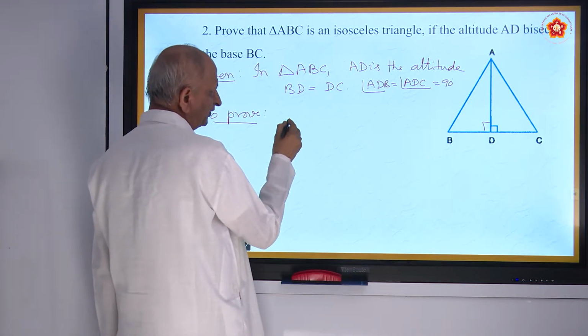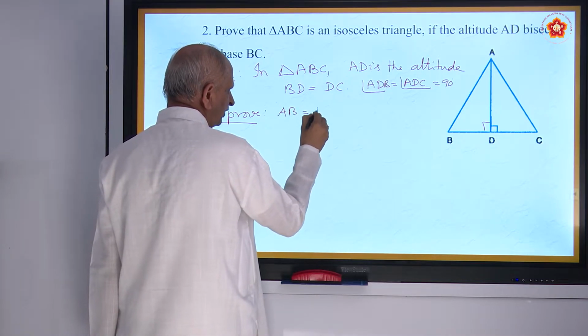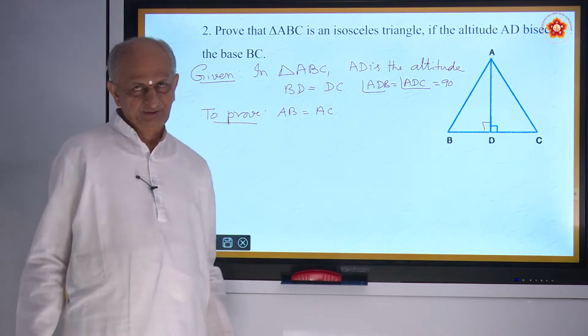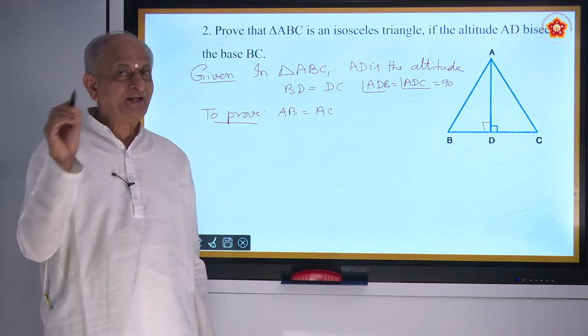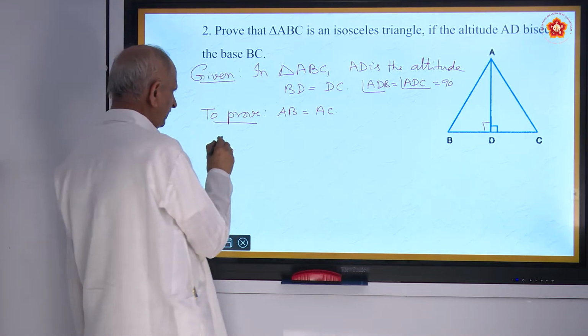Triangle ABC is isosceles. Means what? AB is equal to AC, you have to prove. That is what is meant by isosceles. If you have all the three sides equal, what do you call it? Equilateral triangle. And in an equilateral triangle, all angles also will be equal.